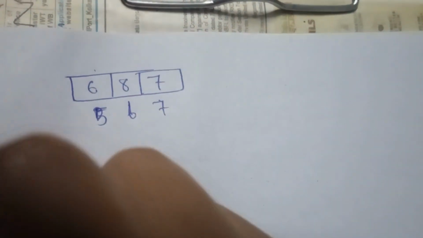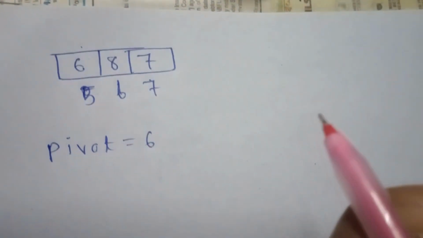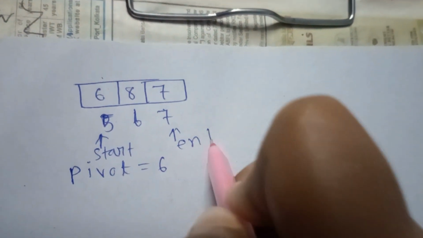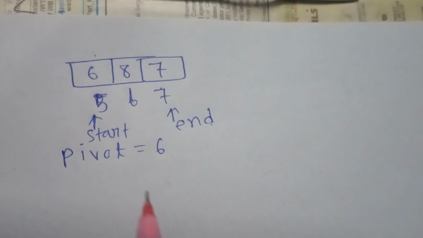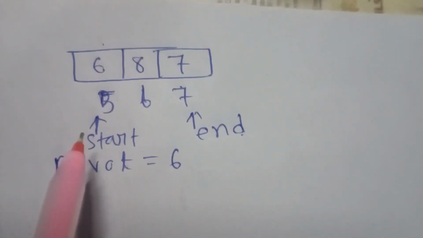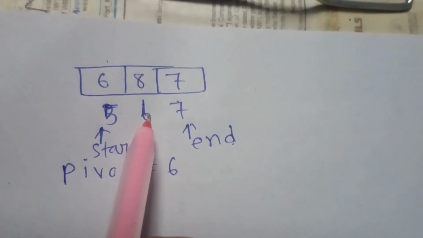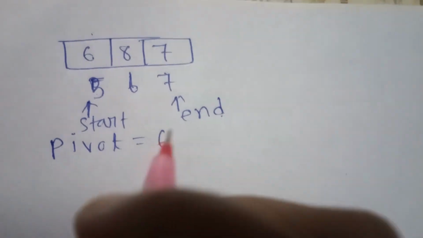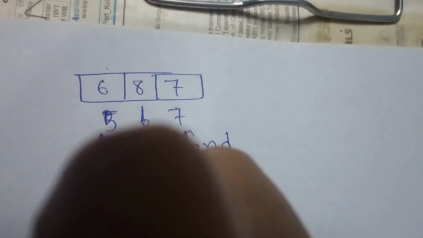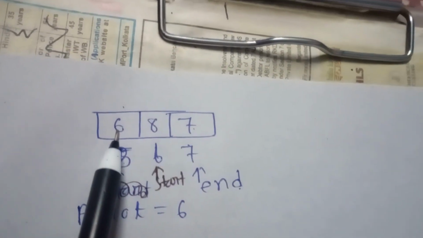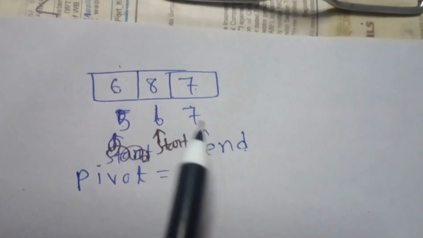Suppose pivot is 6, start is here and end is here. 6 less than or equal to 6, true, so increment start. 8 less than 6, false, so here start stops. 7 greater than 6, so decrement end.